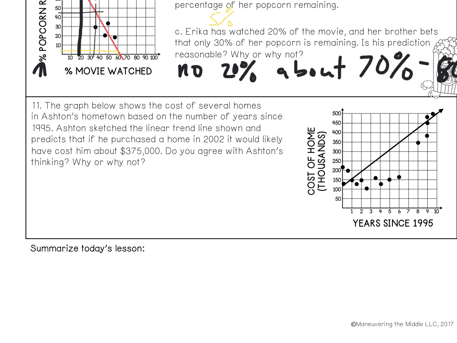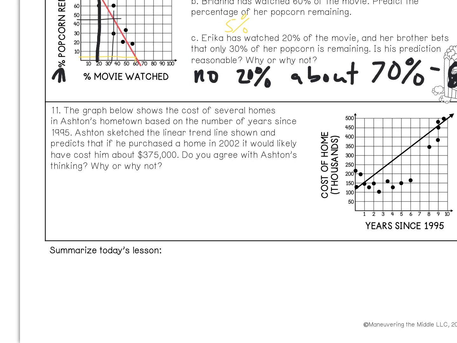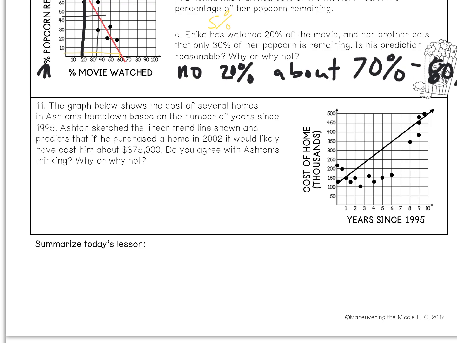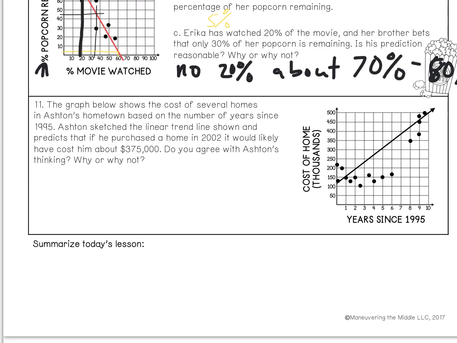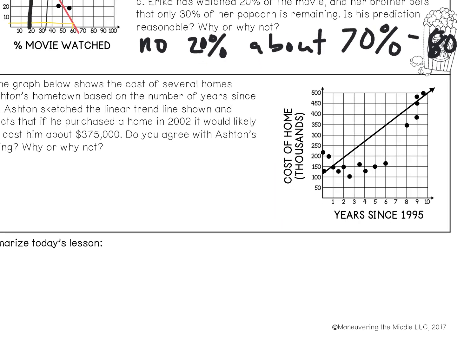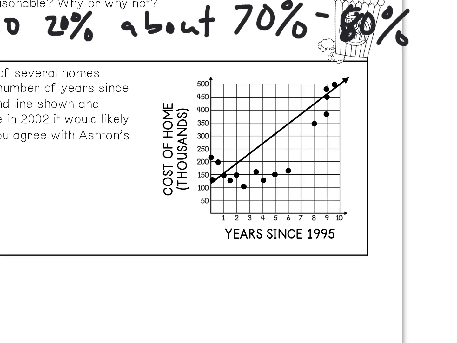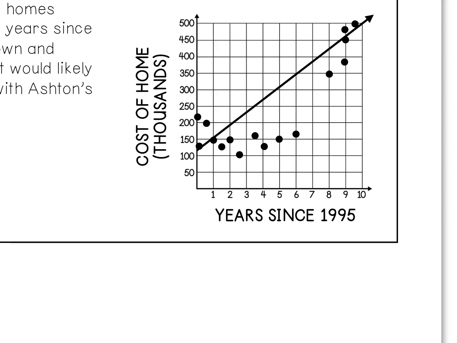So the graph below shows the cost of several homes in Ashton's hometown based on the number of years since 1995. Ashton sketched a linear trend line shown and predicts that if he purchased a home in 2002, it would likely have cost him $375,000. Do you agree with this? Yes. Well, where would I draw a line? He says 2002, and this is year 7, good.